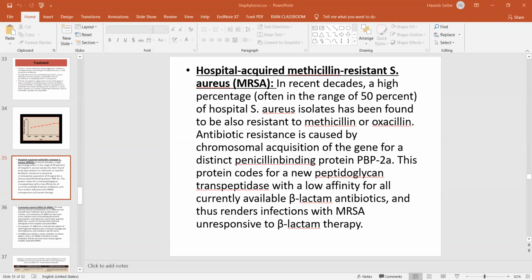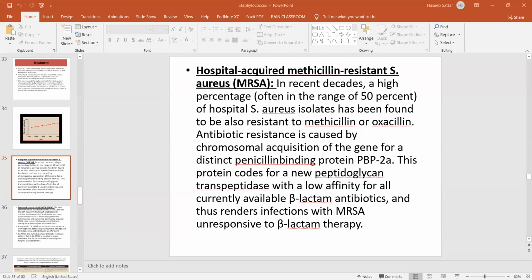And remember, hospital acquired MRSA infections are very dangerous because there is a high rate of resistance in bacteria acquired in the hospital. This bacteria is resistant against methicillin, and this methicillin resistance is acquired by the bacteria due to chromosomal acquisition of a gene, especially for penicillin binding protein.